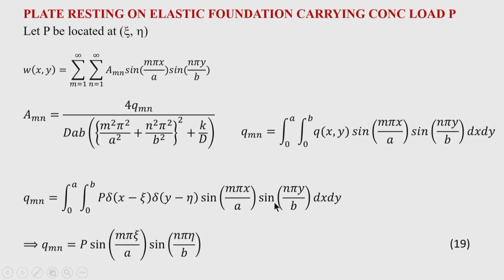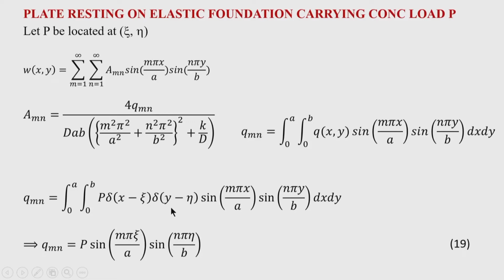By the property of the Dirac delta function, we can immediately evaluate the integral without going through the lengthy limit process. We put x equal to xi and y equal to eta, and then the integration is found. So, Qmn equals P sin(m pi xi by a) sin(n pi eta by b). Okay. So, this is the value of Qmn.